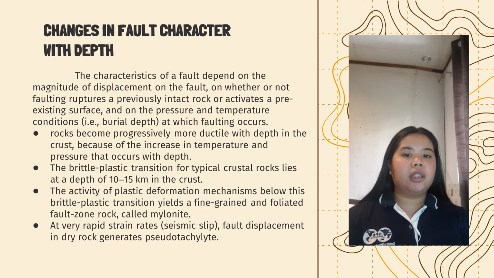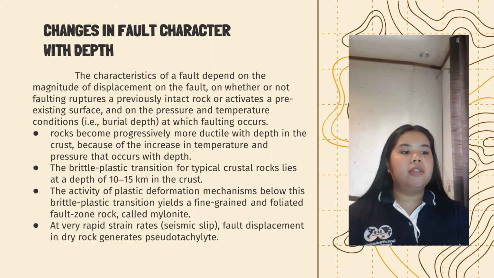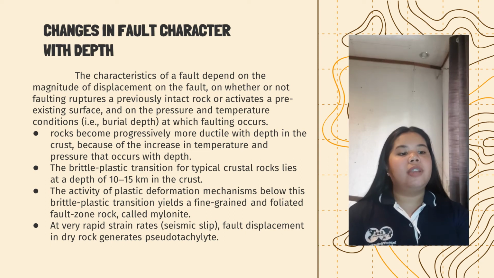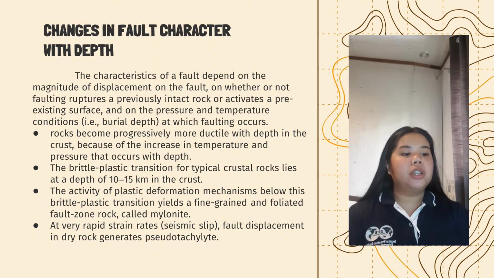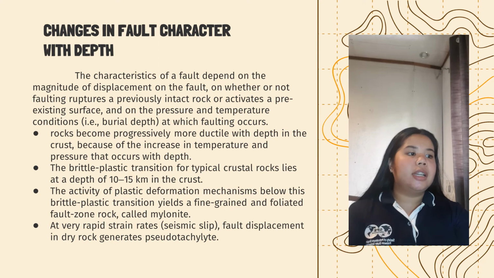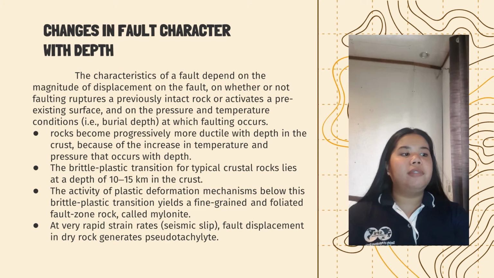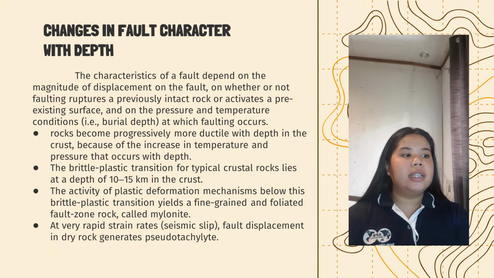Changes in fault character with depth. The characteristics of a fault depend on the magnitude of displacement on the fault, on whether or not faulting ruptures a previously intact rock or activates a pre-existing surface, and on the pressure and temperature conditions at which faulting occurs. As discussed earlier, rocks become progressively more ductile with depth in the crust because of the increase in temperature and pressure.